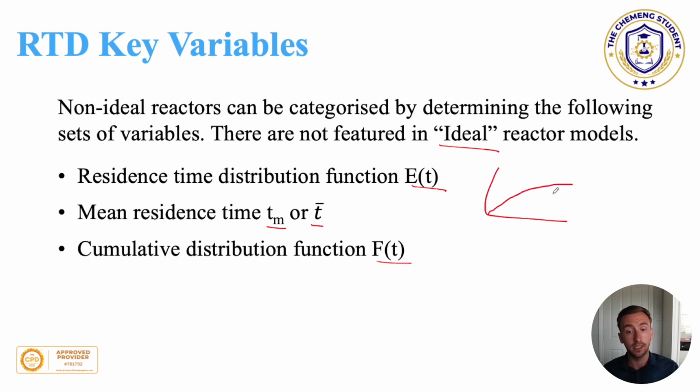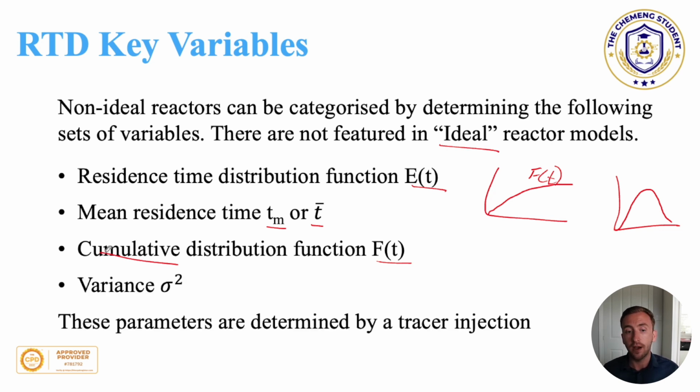It doesn't decrease. Whereas our E of t function can come up and then come down. So F of t, the clue is kind of in the name: cumulative. It accumulates over time. It takes into account the previous values from that particular iteration.